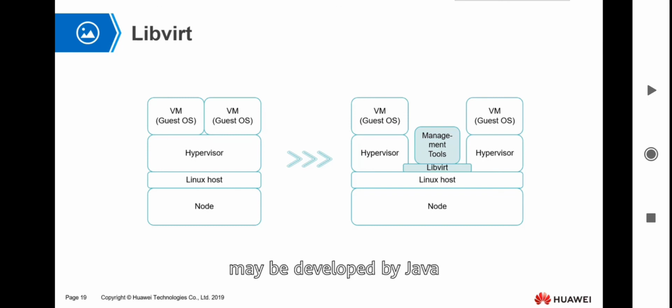These management tools may be developed in Java, Python, or other languages. But KVM itself does not support so many languages for managing virtualization. What to do? There is libvirt, which can directly manage KVM, and it also provides an interface to each language. So, no matter which language you use, you first get to libvirt and then manage KVM through libvirt. This is what libvirt does.